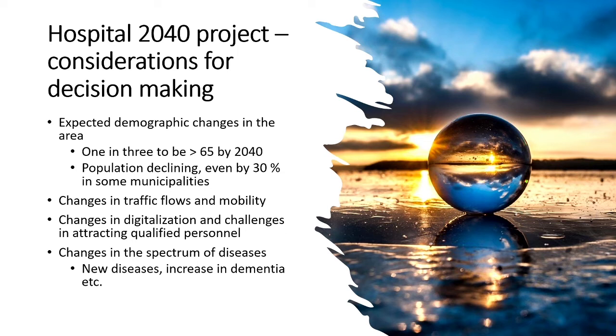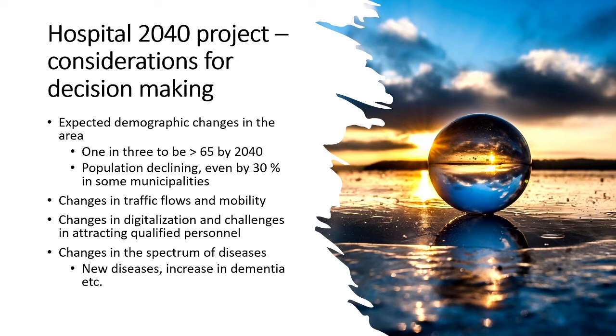As a result of the demographic changes and new areas being built around the hospital, changes are to be expected in traffic flows and mobility. Changes are happening rapidly in digitalization, and there are challenges in attracting qualified personnel. Changes are also expected in the spectrum of diseases they have to deal with in the hospital: new diseases, an increase in dementia, etc.